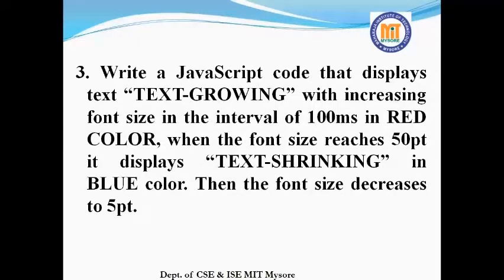When it reaches 50 point, it should start shrinking its size until the font size becomes 5, and it should be in blue color. In the question itself, they specified the text growing as well as the text shrinking, and the color of the text as well as the size of the text.